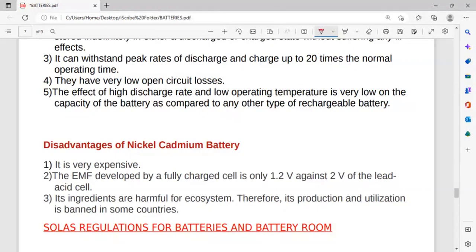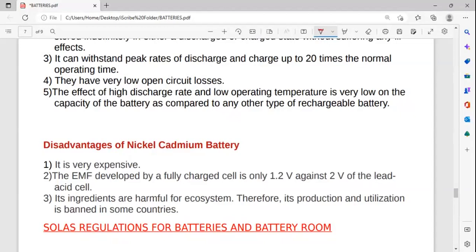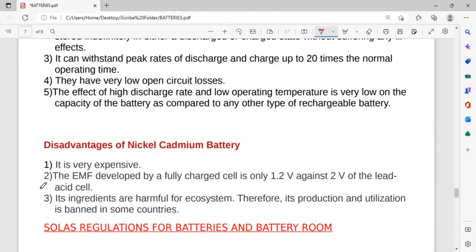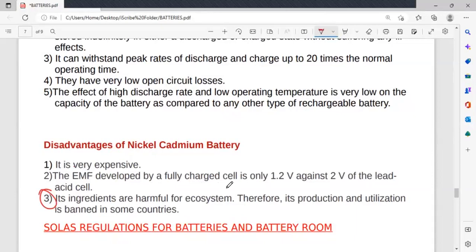Number two, the EMF developed by a fully charged cell is only 1.2 volts as against 2 volts for your lead acid battery, and therefore the number of cells increases. Therefore, you require more space. Point three, its ingredients are harmful, and this is the biggest disadvantage. Its ingredients are harmful for the ecosystem.